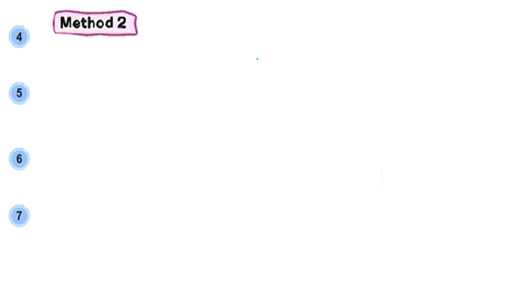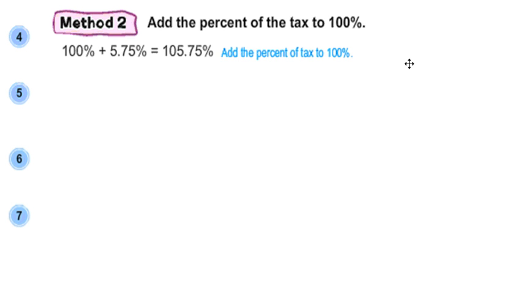Method 2 states that we should add the percentage to 100, and then we multiply that. So you have 100%, which you are paying 100% of the price. Then you're going to add the 5.75%, that's your tax. So altogether, you're paying 105.75% of the price.